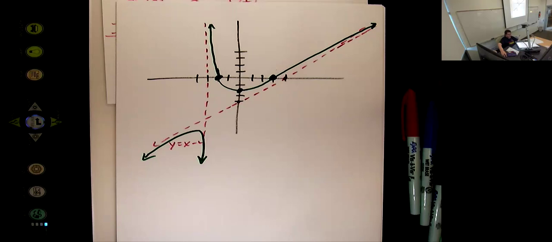And I got this one ready for you on Desmos so you can see it also. I've got to zoom out. I'm way zoomed in.